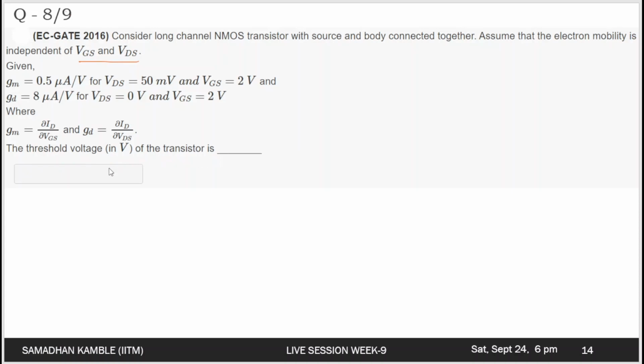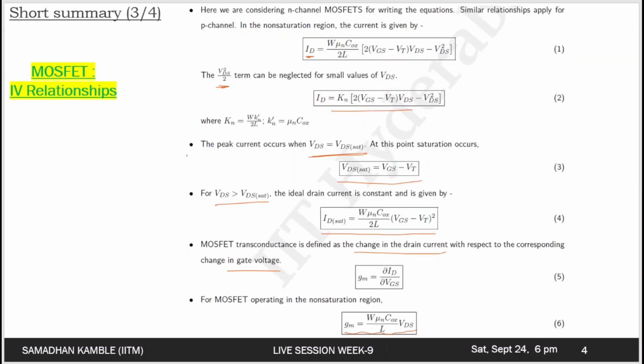So threshold voltage Vt is asked, and based on this we know that GM, which is nothing but ∂ID by ∂VGS, if we go to our summary slides, is given by this particular relation.